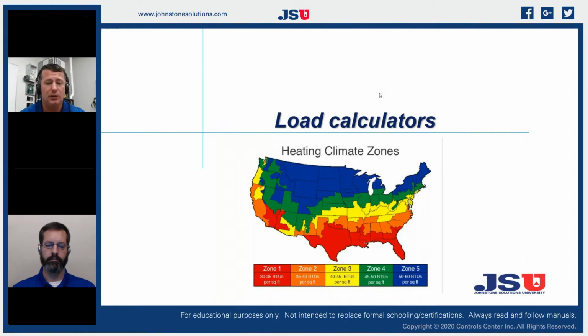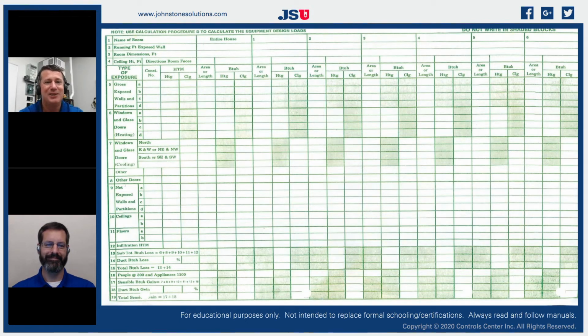So if we talk about load calculations, we're going to step back a little bit and talk about where it all came from. And I'm going to show a little bit of my age. So if any of you out there have seen this, you're going to understand that in the older days, everything was manually calculated. So if we did a heat load calculation on a structure, this is a typical form that we would start with.